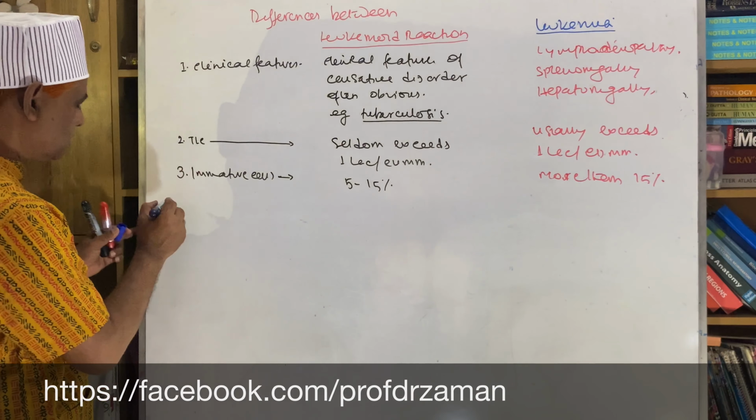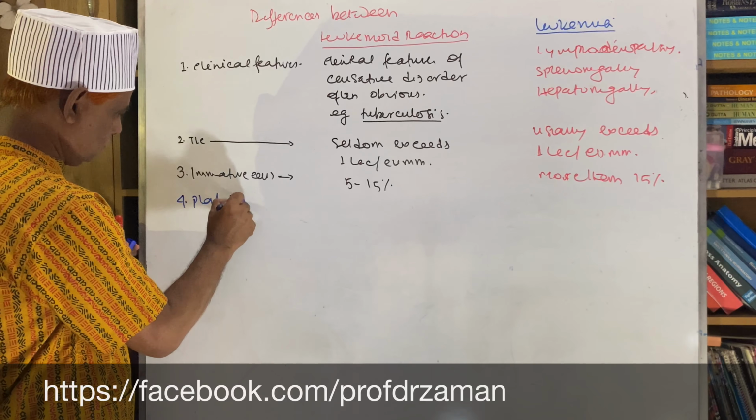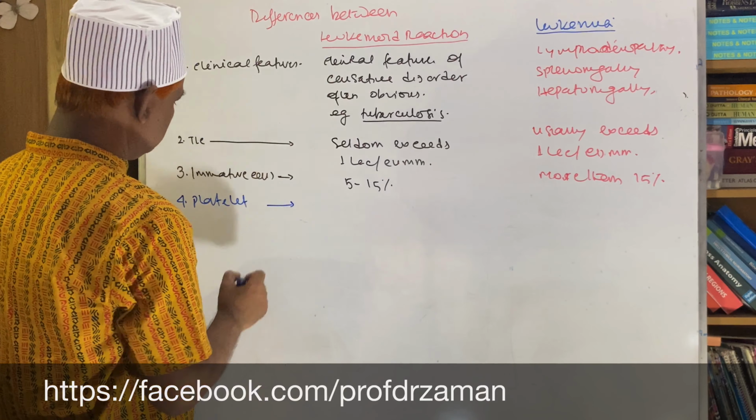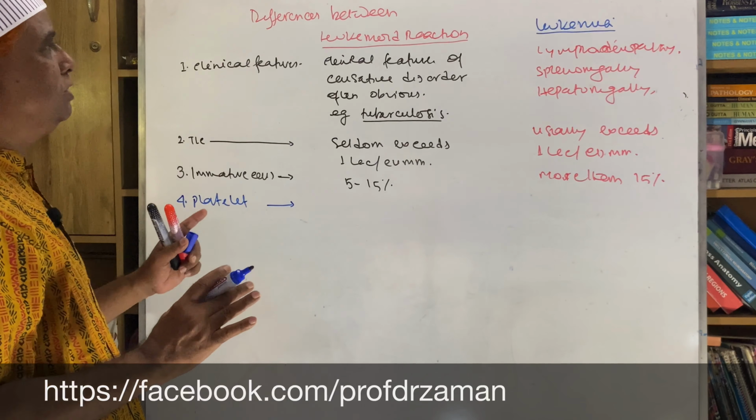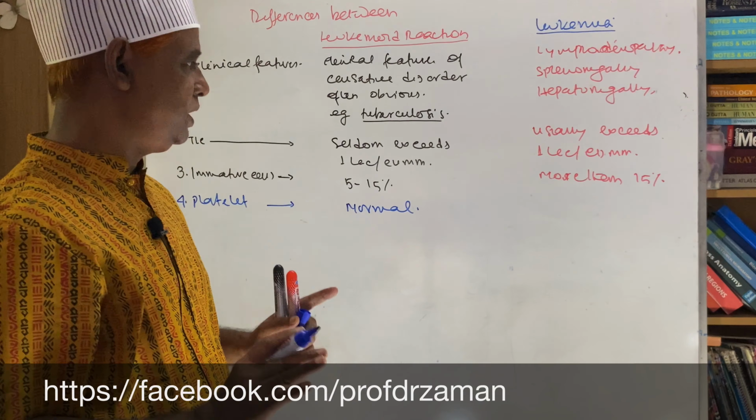Then come to platelets. The total platelet count in leukemoid reaction is normal; that is, there is no thrombocytopenia.